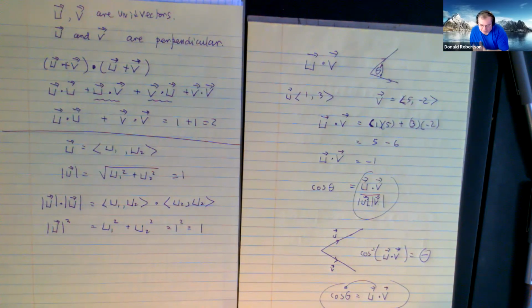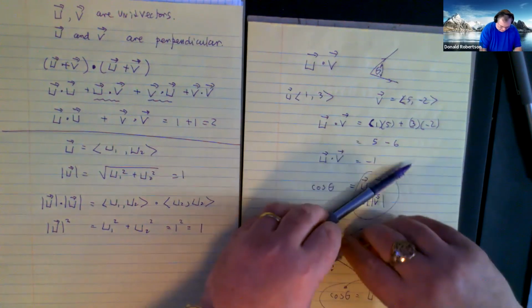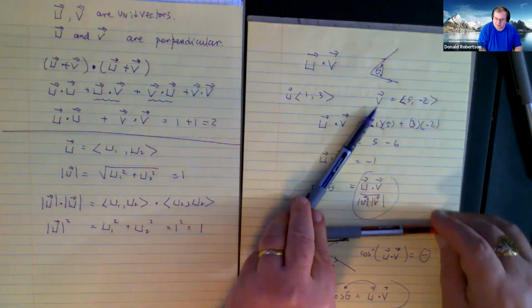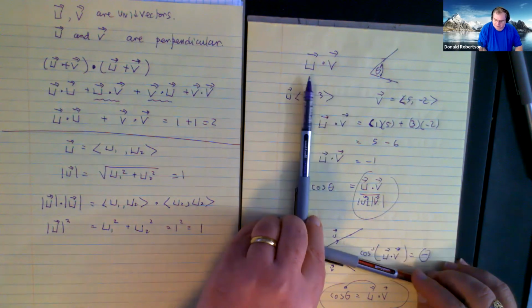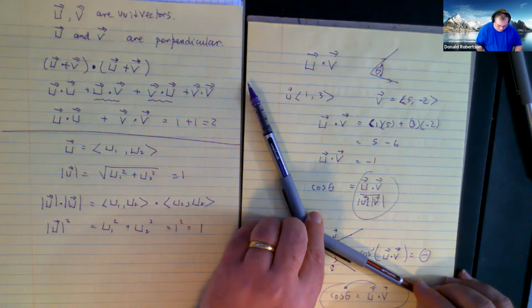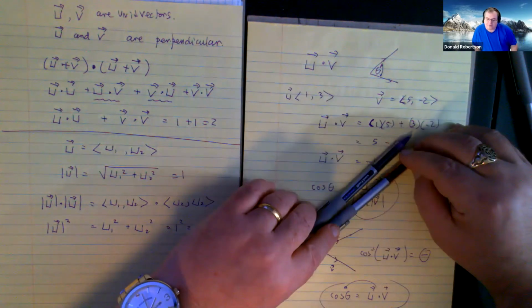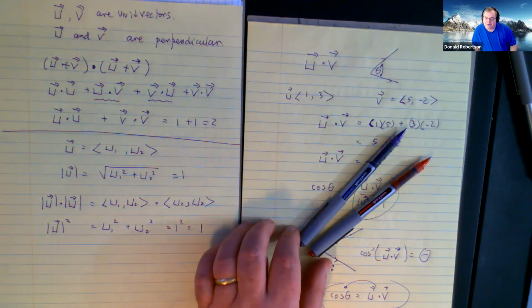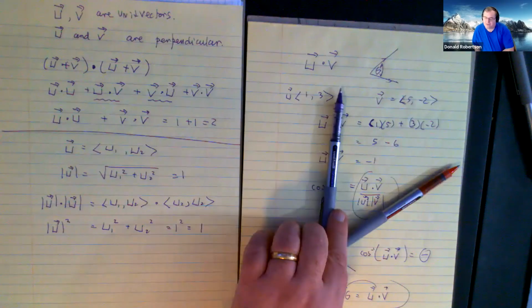But if you're trying to get your head around what a dot product is doing, it's telling you as a number how far apart the two vectors are. A big negative number, they're that far apart. If you're talking about a small positive number, they're only that far apart. Does that help? A dot product is kind of telling you how far apart two vectors are.